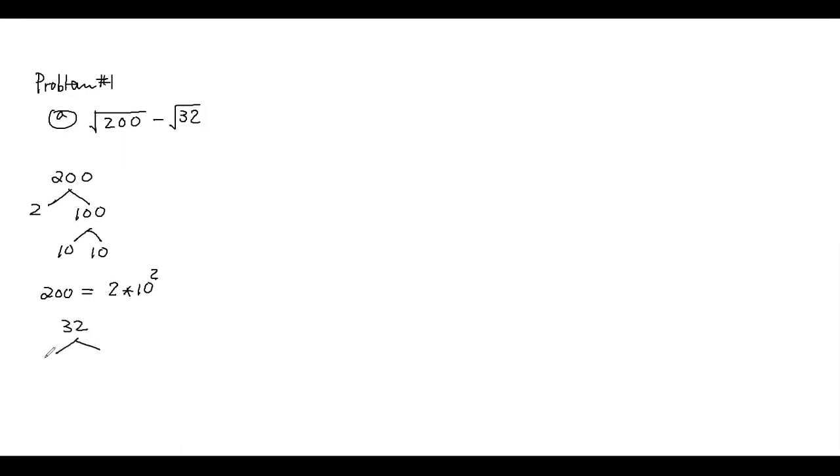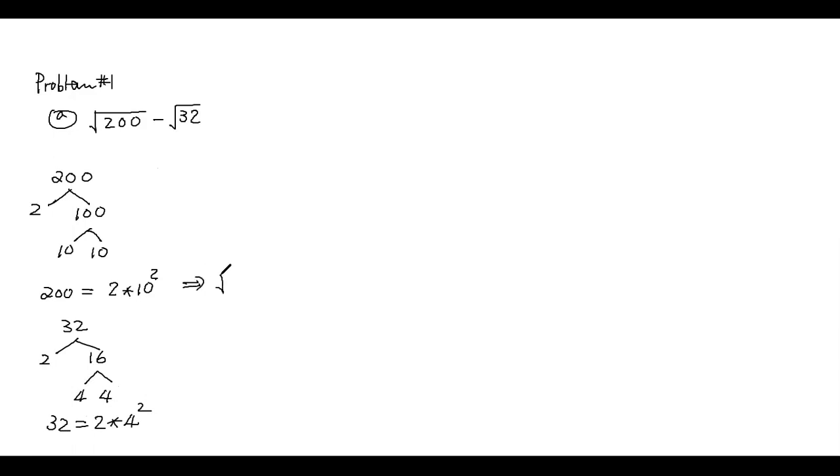Now the 32 here, let's take a look. I can say this is 2 times 16, which will be 32. Then the 16, I can say is 4 times 4, correct? So the 32, I will have 2 times 4 to the square. Now I can simplify a little bit.